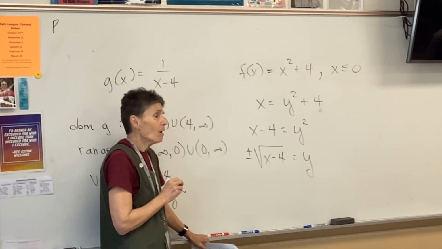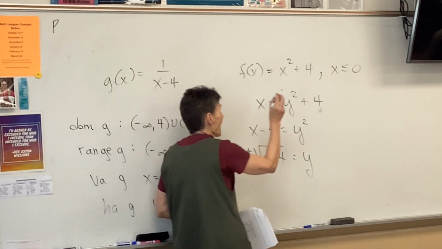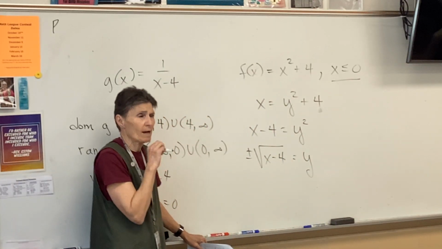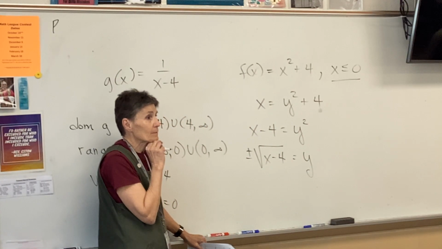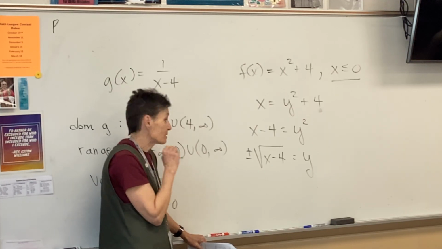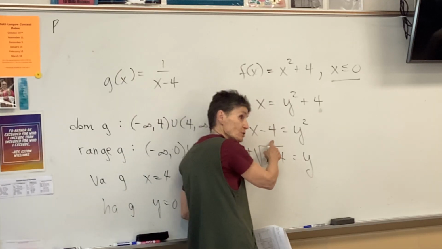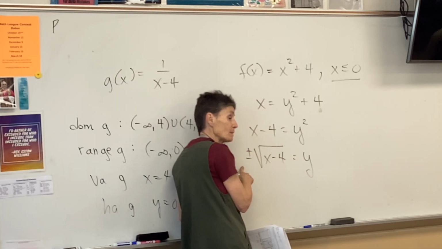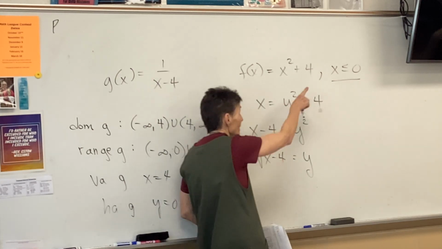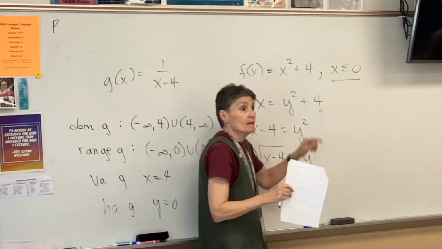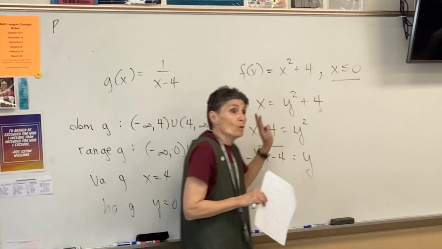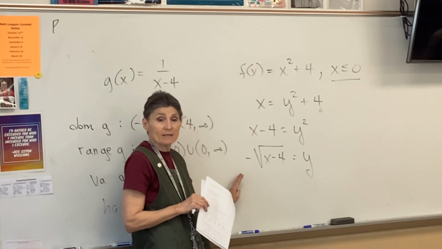Now, how am I going to use that fact when I do my inverse now? Y is less than 0? Exactly. So that means when I have an option, which I always do when I square root, I will choose the negative option because the x's were negative in the original, so the y's are going to be negative in the inverse.